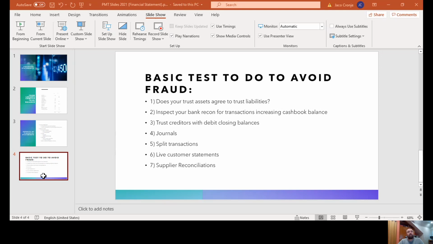And then lastly, we've got UIF and PAYE owed to SARS. It's got a credit balance, so it's either a liability or income. So the UIF and the PAYE, I deduct off my employees when I pay them their pay on the 25th, but then I have to pay that money over to SARS by the 7th of the next month.